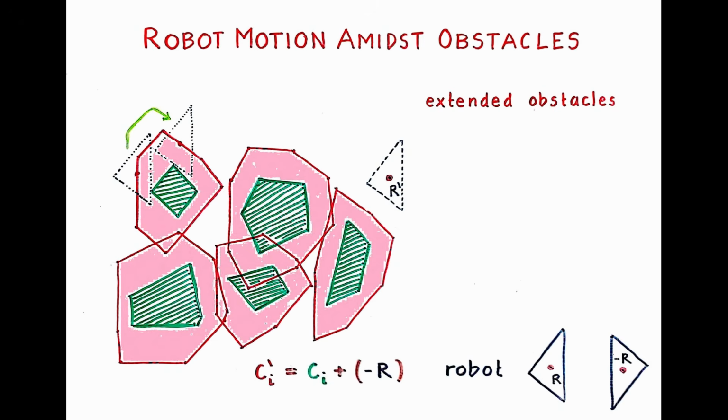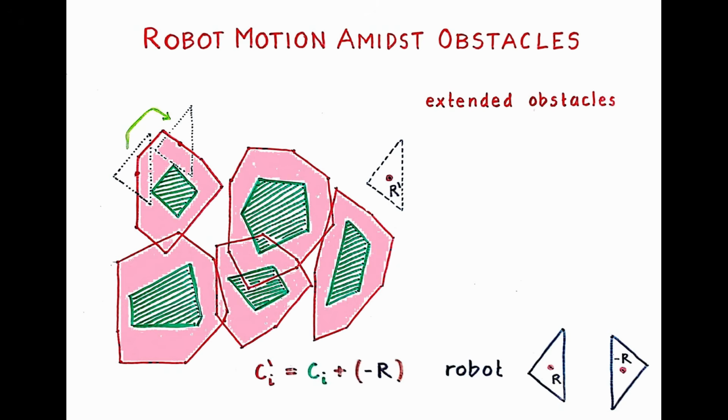It's very easy to describe those pink regions if you know the notion of the Minkowski sum. So if one of the original obstacles is Ci, then the extended obstacles you calculate by adding to Ci the 180 degrees rotated copy of the robot, and that will be the description of the extended obstacle.